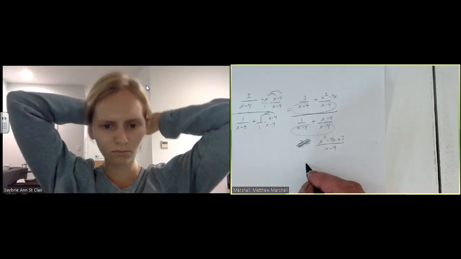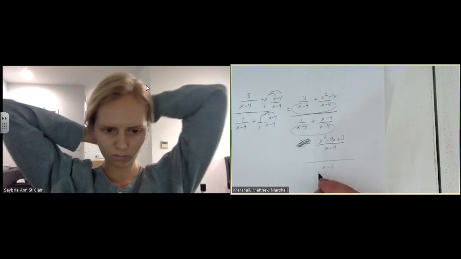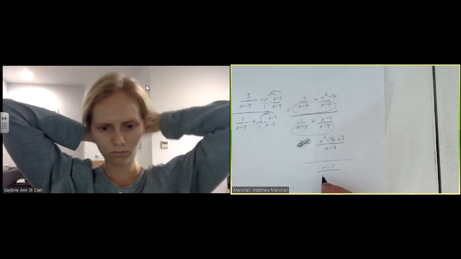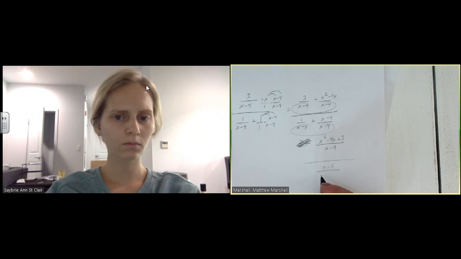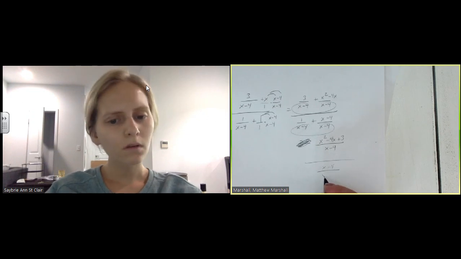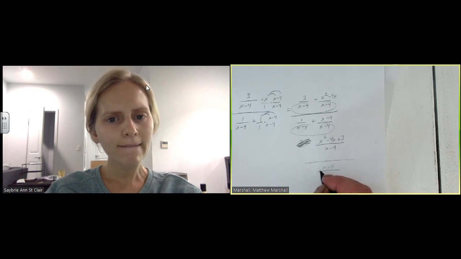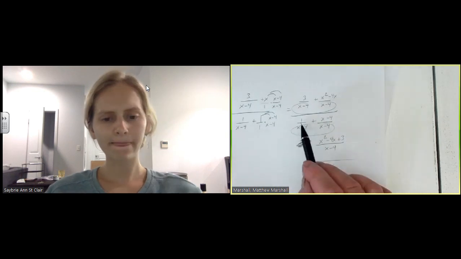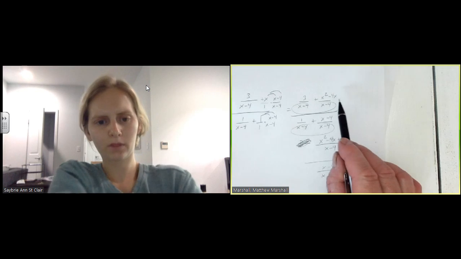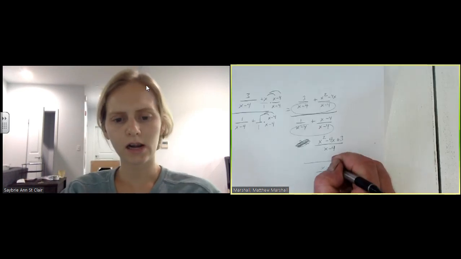And on the bottom I have x minus 4 over x minus 4. How does that work? Oh, I'm sorry. 1, 3 plus 1. So this becomes negative 3 down here. I'm sorry.